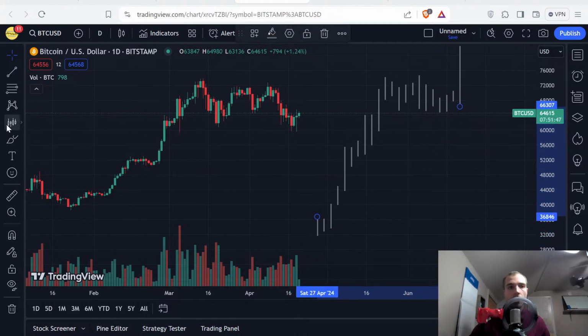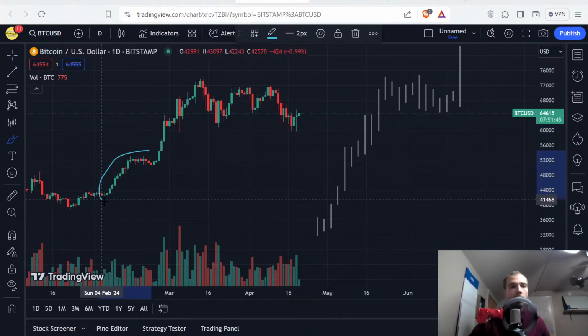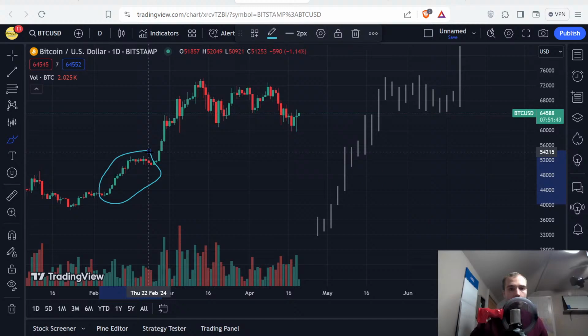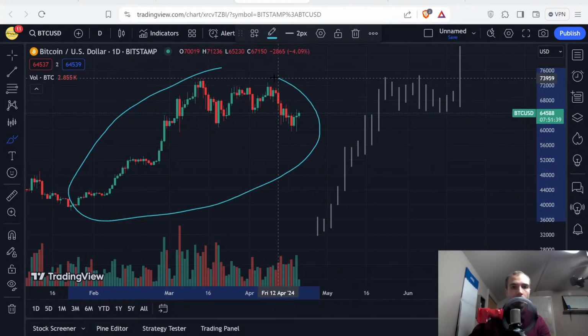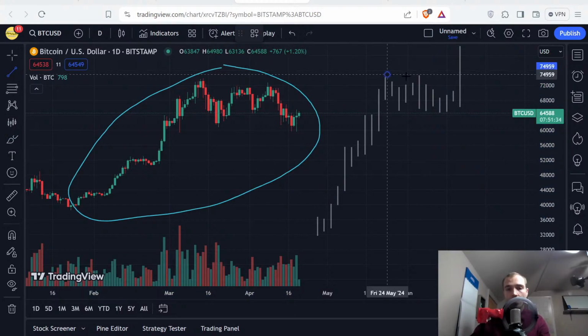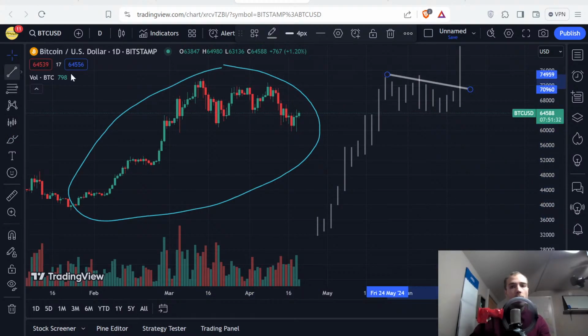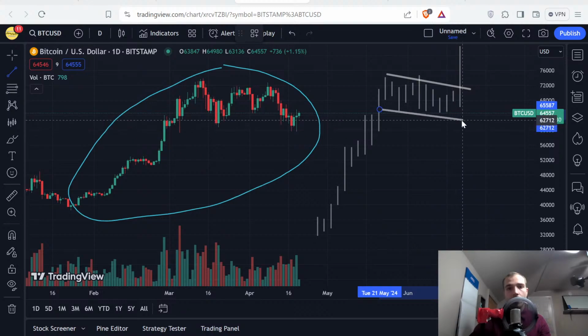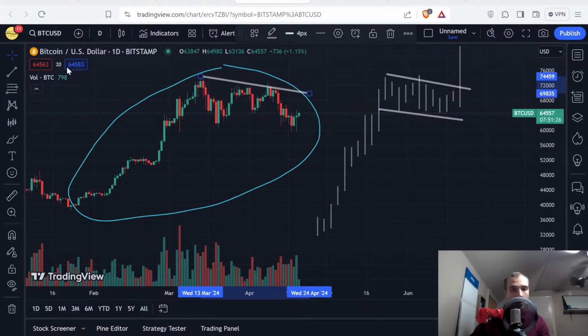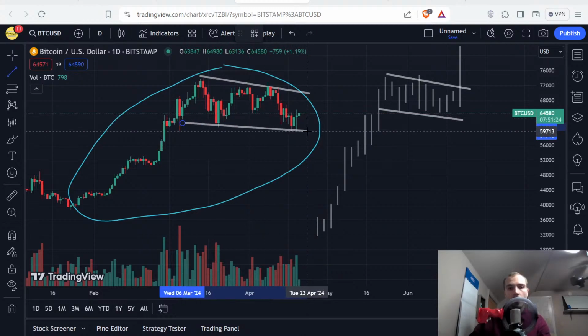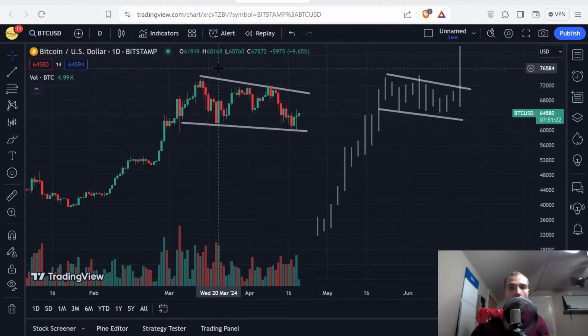So this little move right here is a microcosm of this bigger move right here, right? The same psychology, the same structure took place. It's just a bigger version of it. The same bullish flag pattern taking place on Bitcoin right now is the same one that we saw previously.